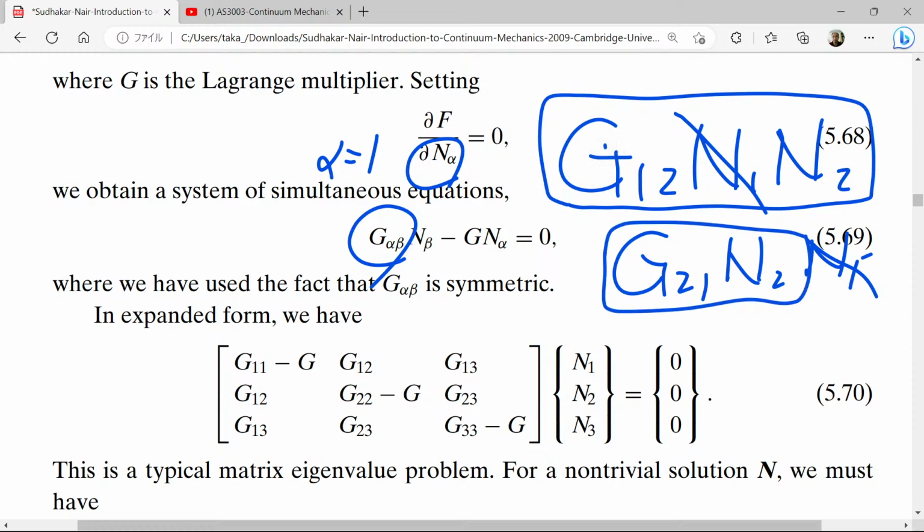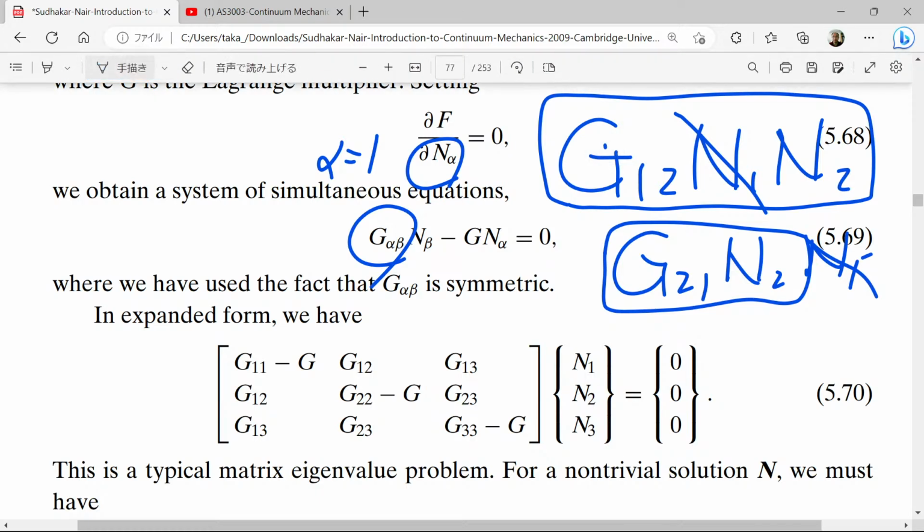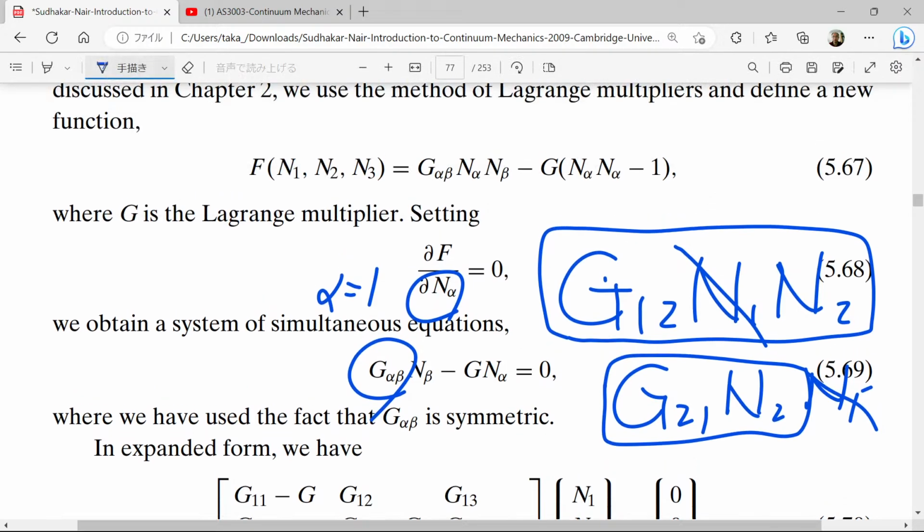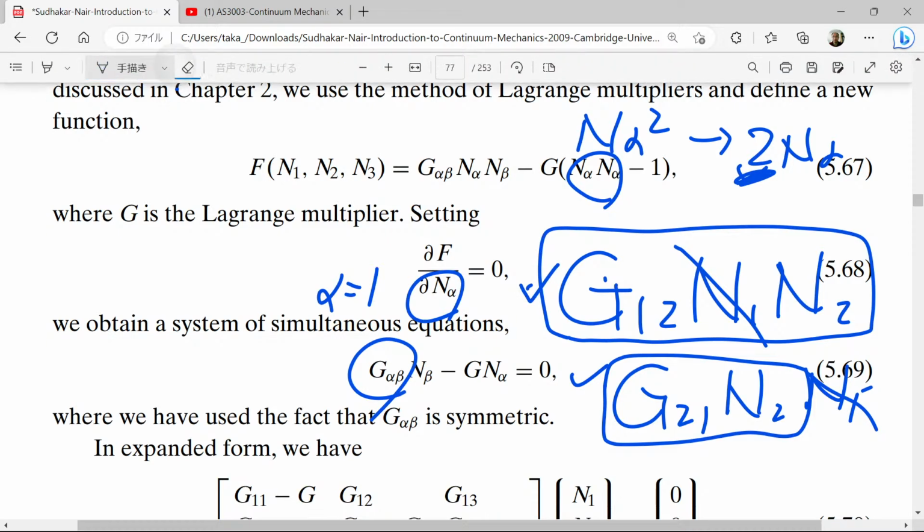But because G is symmetric, you just have one. And for the second term, this is like n alpha squared. So if you take a partial derivative, you will get 2 n alpha. So here you have 2, and you also have 2 here. Then you just cancel both 2's. Then you have this one.